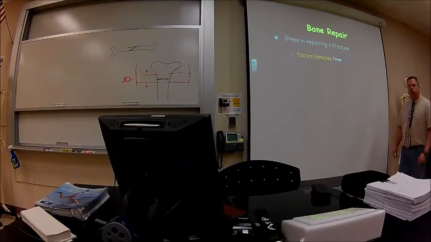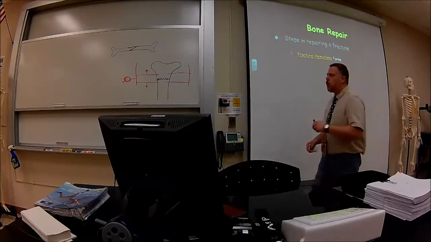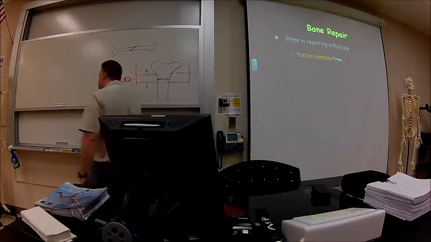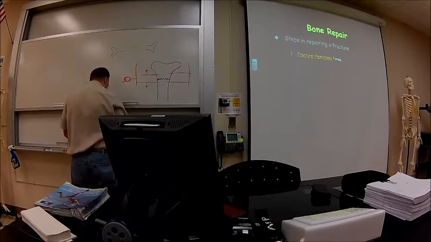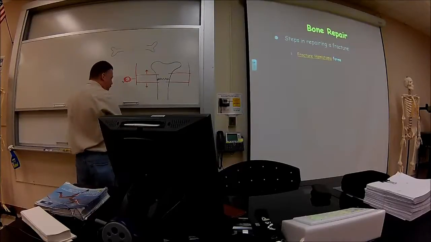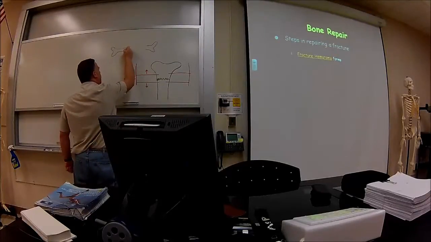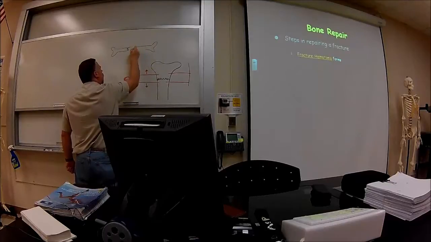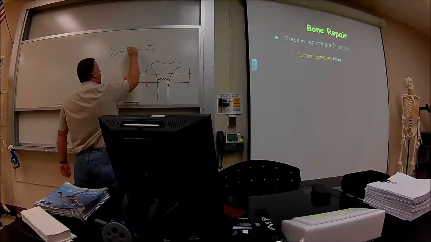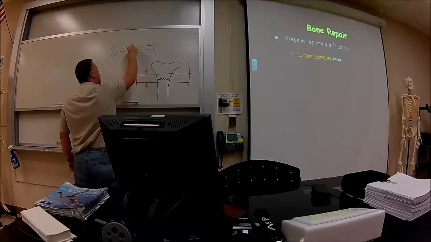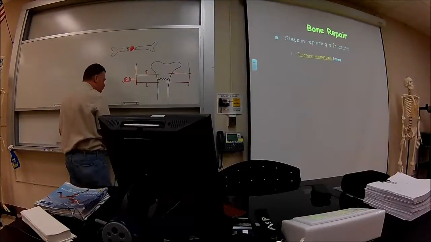First off, when the fracture occurs, it forms a hematoma there. A hematoma is a collection of blood, kind of like a bruise. So you're going to have this fracture happen, and you're going to have this fracture hematoma forming over here.